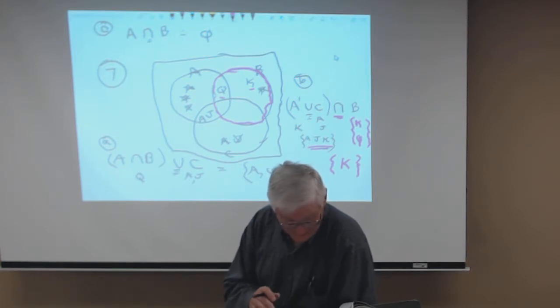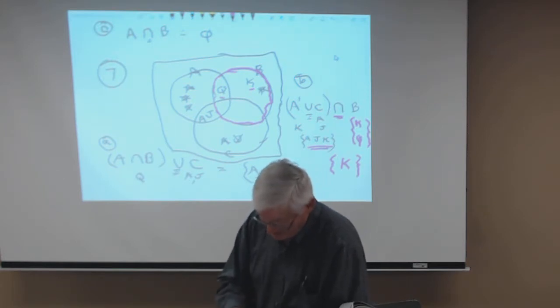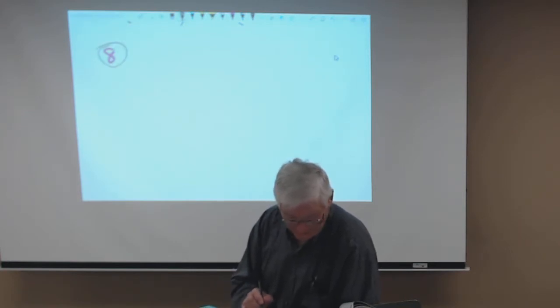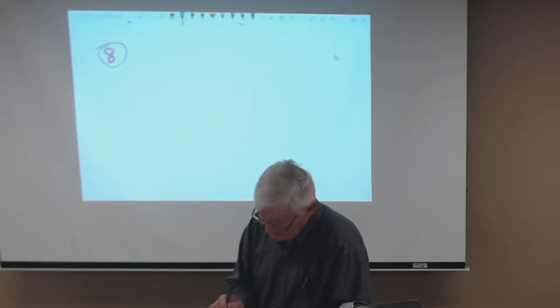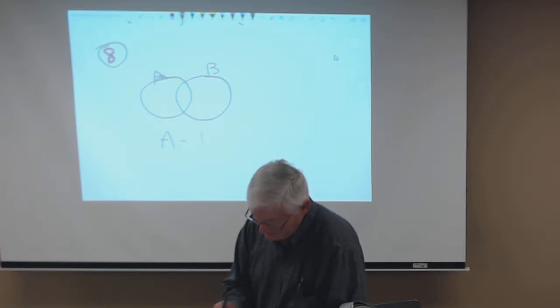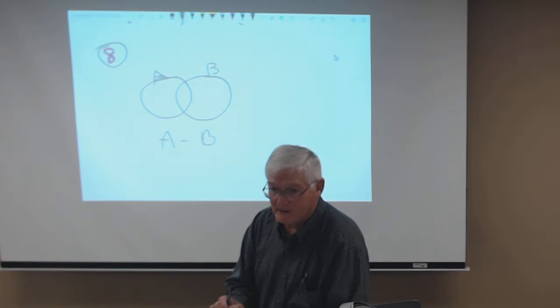I think we're ready to do number 8. Draw a pair of Venn diagrams to show that A minus B. So here's A, here's B. If I have A minus B, that means I take A and subtract what from it?